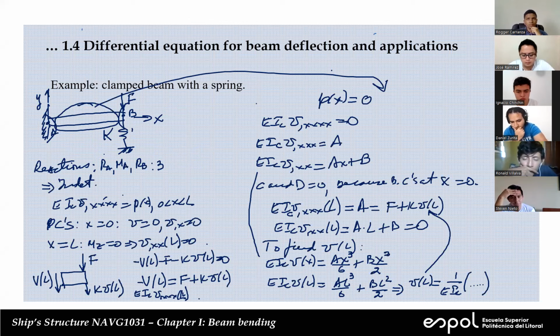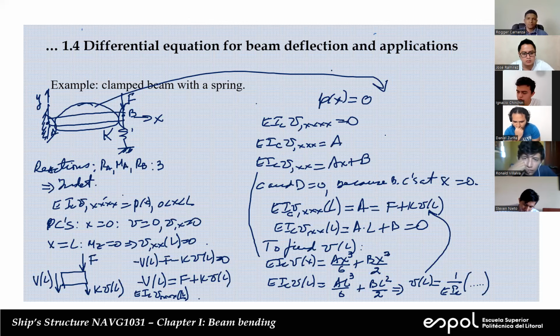What do you think would happen? If the spring would be very strong, with a very large K, what would happen in that case? Miss Jurado, what do you think?